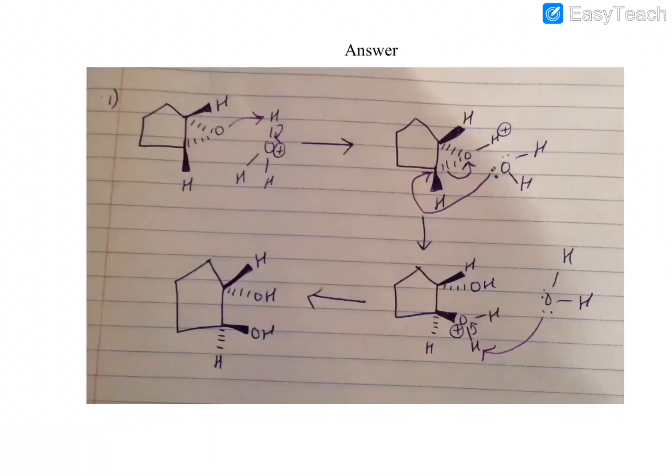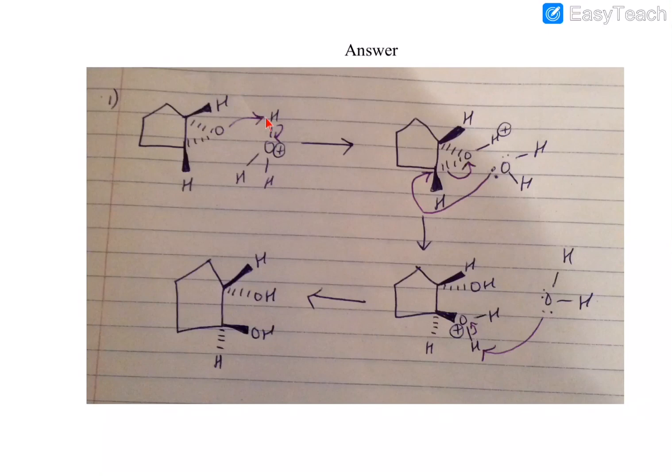This is the answer to the first question, in which the stereochemistry is in the epoxide. There is no regioselectivity because there is the same amount of substitutions on each side of the carbons. So the only thing impacted is stereochemistry, and because hydronium is the reagent, we're in acidic conditions.